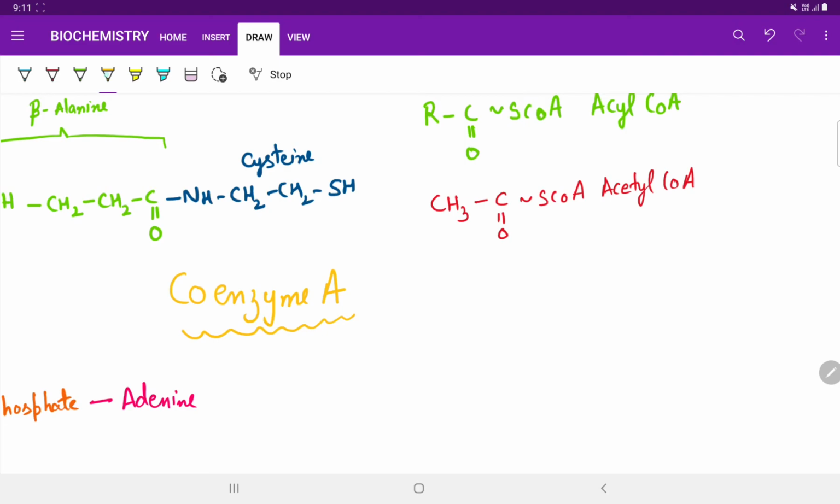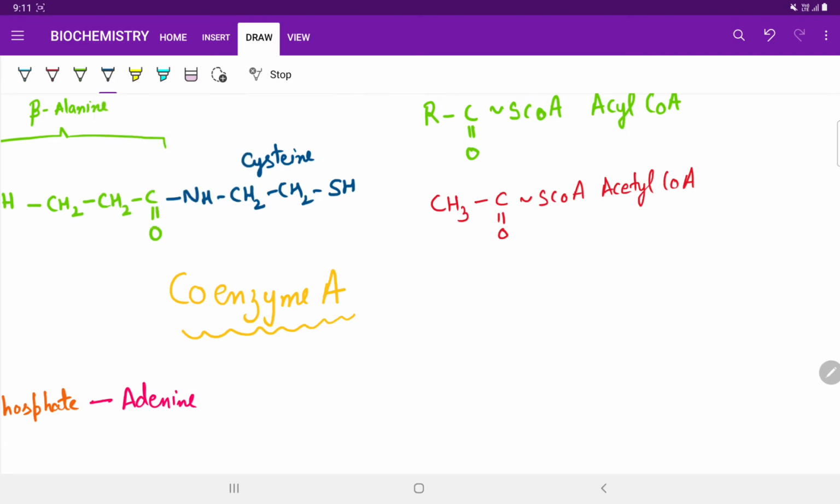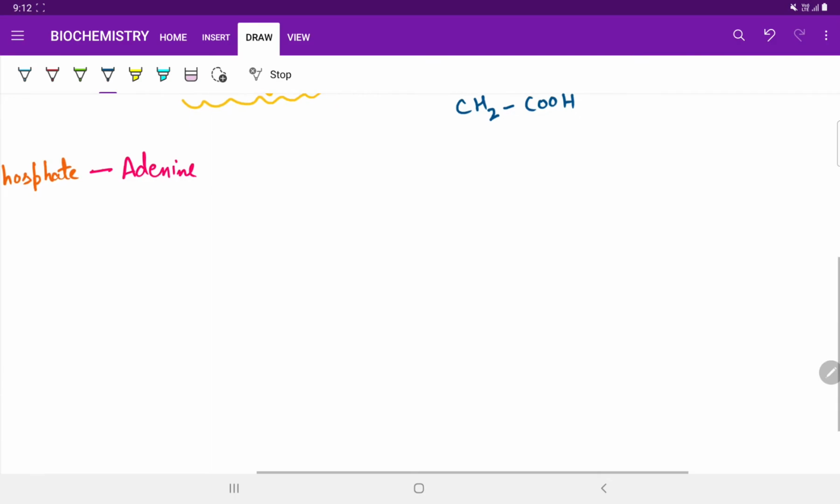And the third one is succinyl coenzyme A, from succinic acid. So all of these are commonly used compounds associated with coenzyme A.